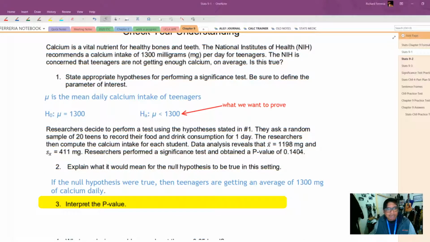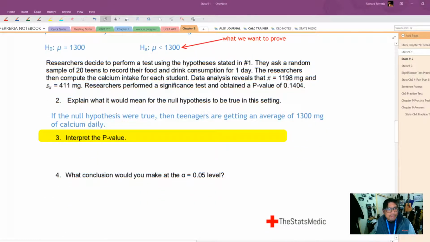Now for number 3, it says to interpret the p-value. And luckily for us, let's talk about what it is before we go to the lucky part. So the p-value assumes that the null hypothesis is true. So we're assuming that teenagers get 1300 milligrams of calcium a day.